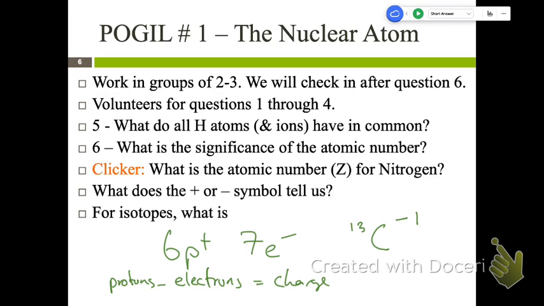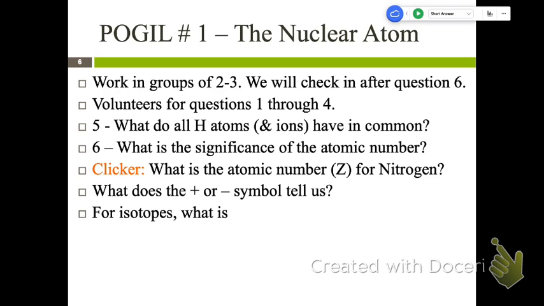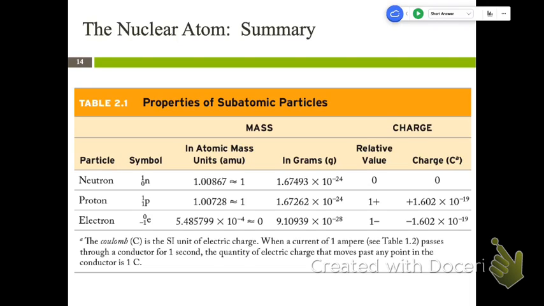Okay, I'm going to leave you with one slide. Here is a summary that I want you to take away. I know all that technical stuff isn't there, and I'll post this after class. But these are the symbols for a neutron, proton, and electron.